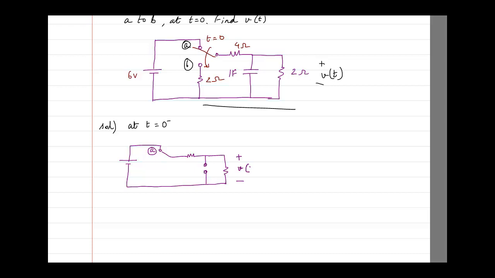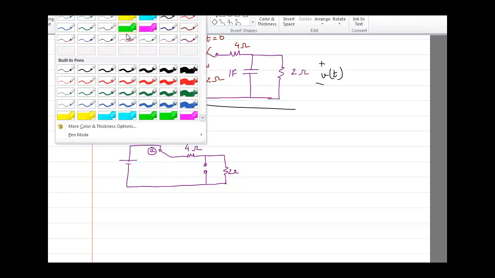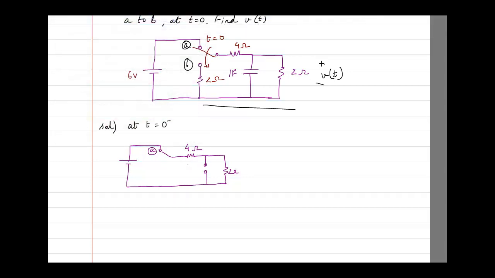Now I am trying to find out at t equal to 0 minus. So I will write V of 0. And this is 4 ohms and this is 2 ohms. Now you might be thinking why I wrote V0 here. Actually I should not have written it here. I am trying to find out the voltage of the capacitor, isn't it? So let me use a different color.